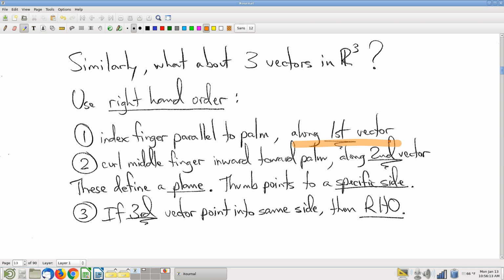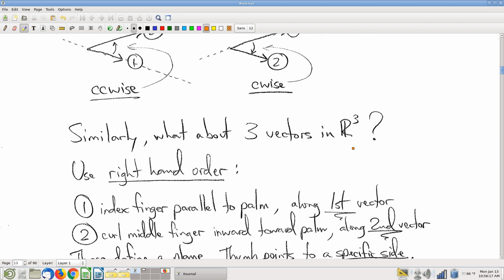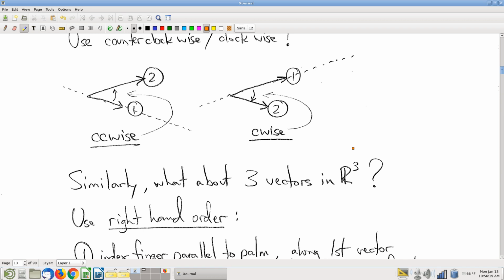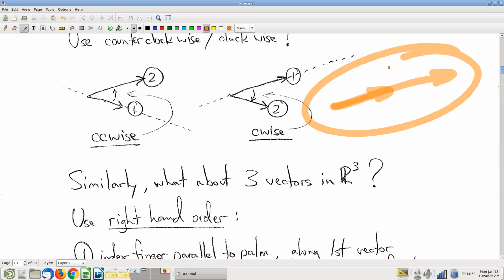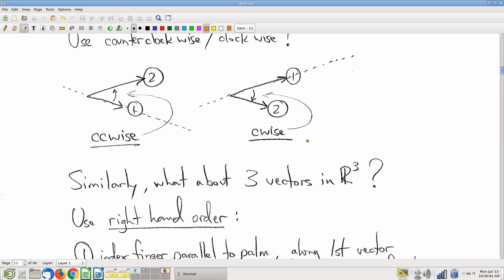There are, of course, some anomalous, exceptional cases. For example, even in 2 dimensions, what if the two vectors are parallel? Is this clockwise or counterclockwise? Well, neither. Sometimes there are no good answers. What if one of the vectors is the 0 vector? Again, sometimes a pair of vectors is neither clockwise nor counterclockwise, and likewise with right-hand order.